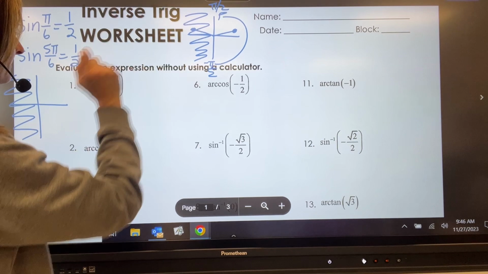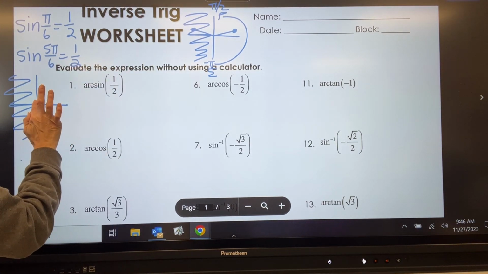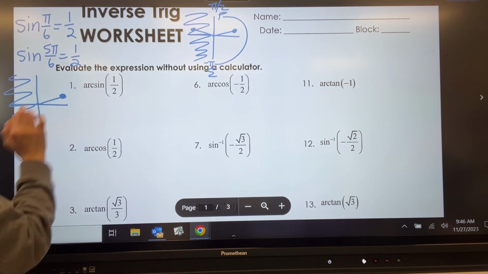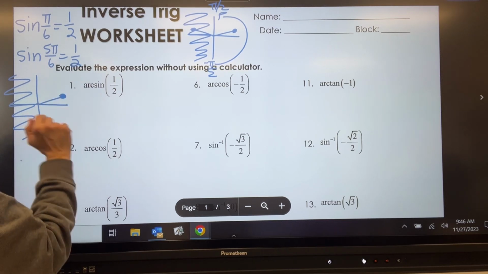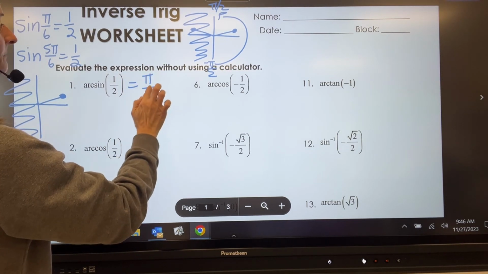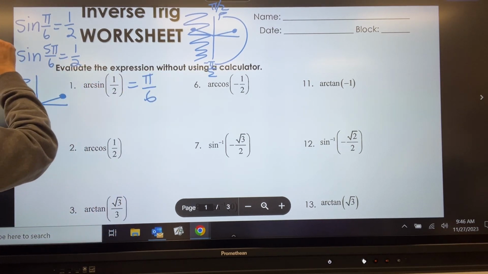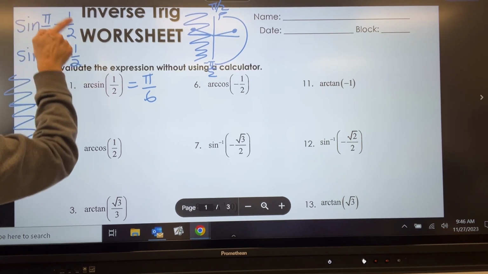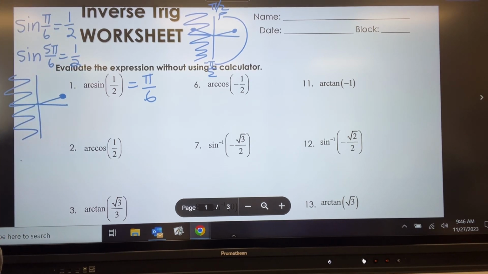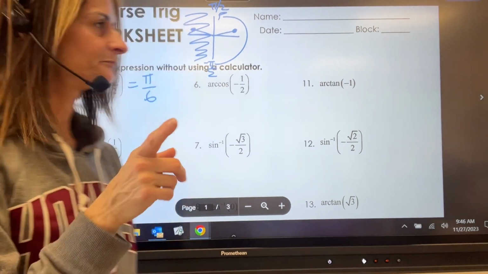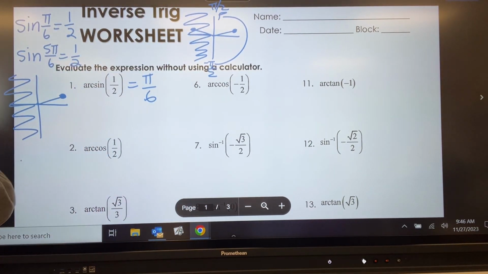And now we look at it and say, all right, what angle is gonna give us 1/2? That angle is going to be pi over 6. So we're working backwards. They're saying the inverse sine of 1/2 is pi over 6. And if you remember from geometry, we'll do this in red, okay?